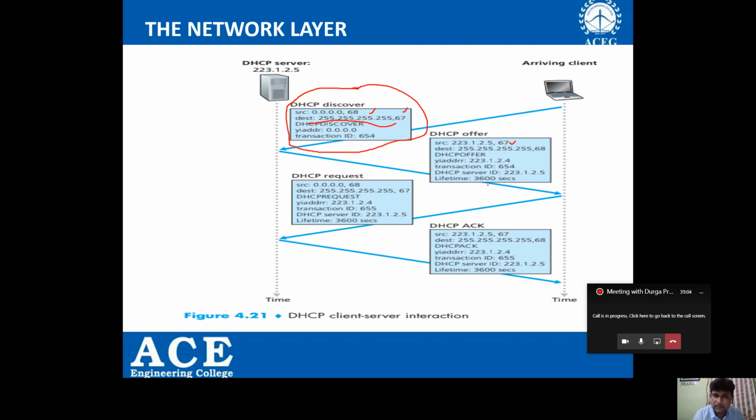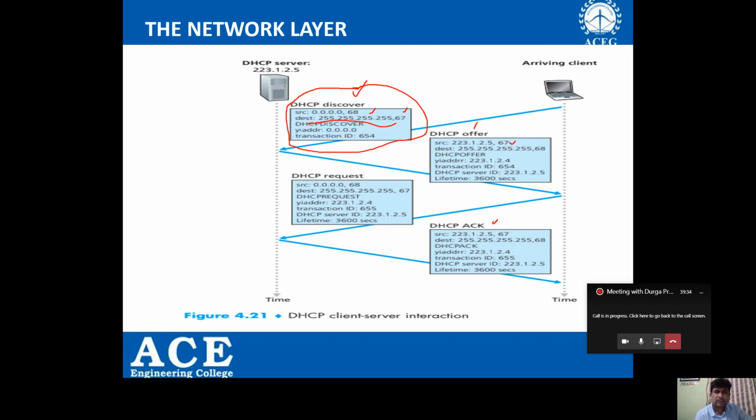Then the DHCP server will try to confirm to me that this particular IP address is available and you can use it for the services. So totally you could find first a request from the client to the DHCP server, which is called discover, through a broadcast. Then the DHCP server confirms that it is the server which is available to assign IP addresses and that the particular IP address is available.